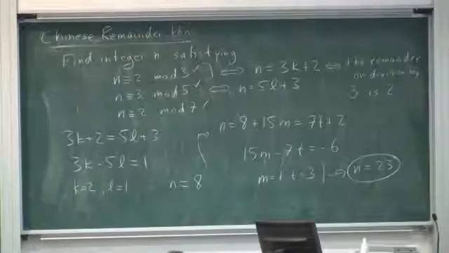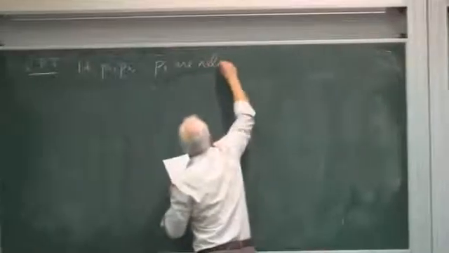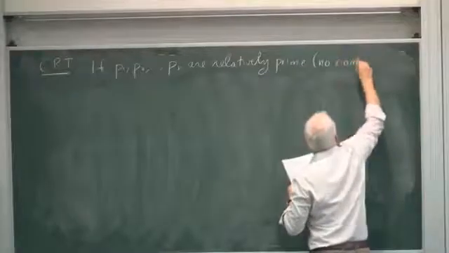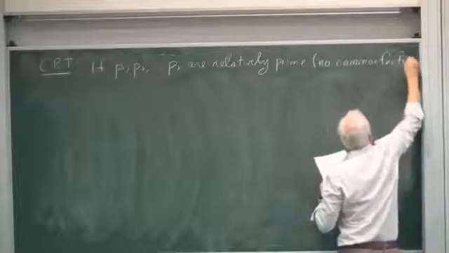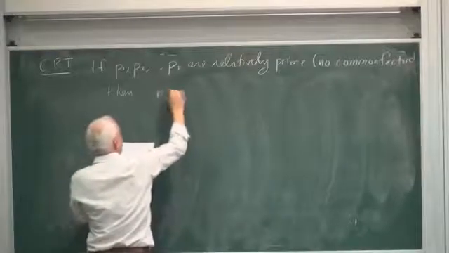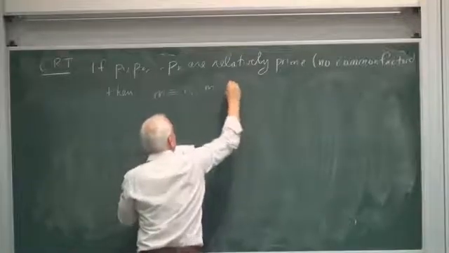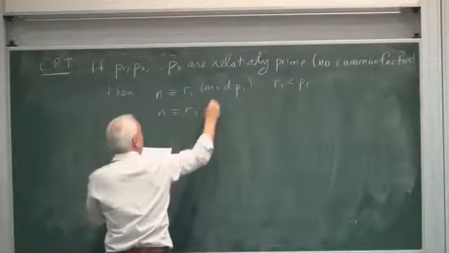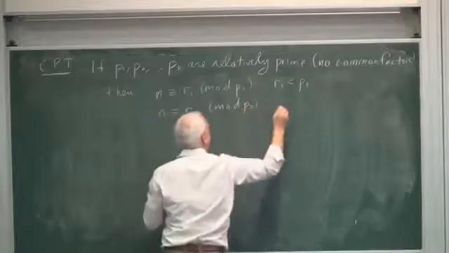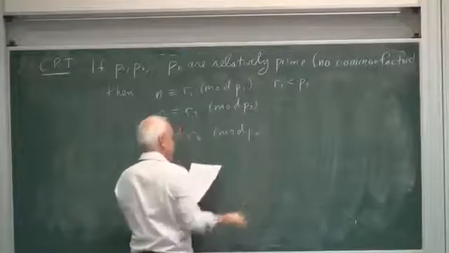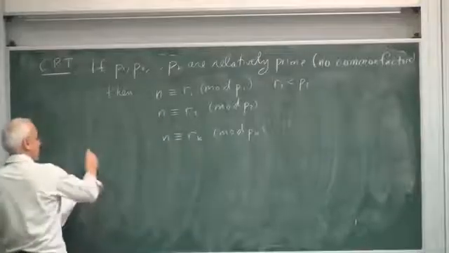It's that if the numbers p1, p2, up to say pk are relatively prime, so no common factors, for example, they could be prime numbers, that would work, then this system, n congruent to R1 mod P1, where R1 is some number less than P1, n congruent to R2 mod P2, same kind of thing, down to n congruent to Rk mod Pk, always has a solution.